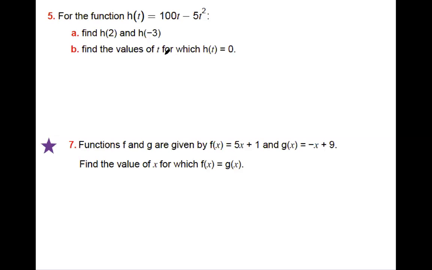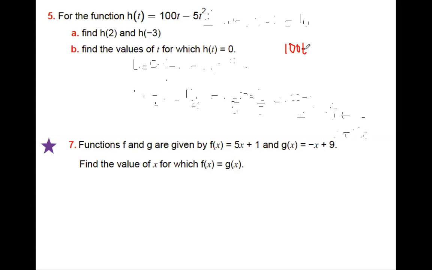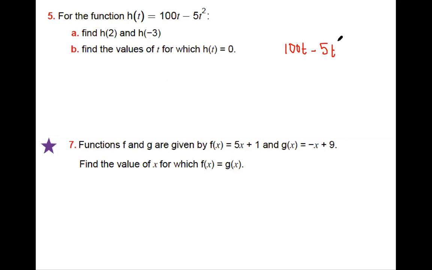Now find the value of t for which h of t equals 0. So that means you need to solve this: 100t minus 5t squared equals 0.